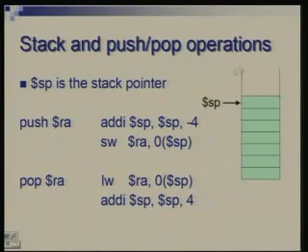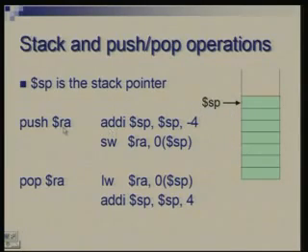I am imagining that address 0 of memory is at the top and the maximum address is at the bottom. So somewhere I define the bottom of the stack and start building the stack towards lower addresses, towards 0, and this register SP will always point to the top of the stack.